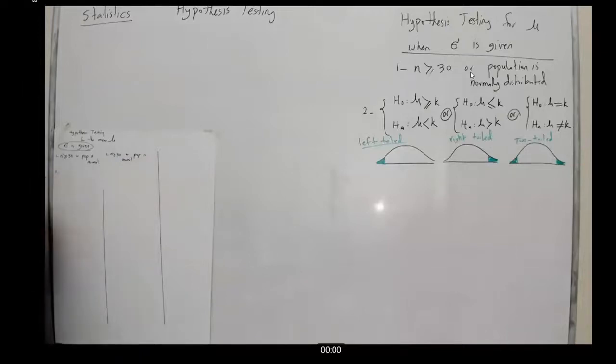Step 2, we need to identify null and alternative hypothesis. H naught, mu is greater than or equal to k. HA, mu is less than k. Here we get a left-tailed graph.